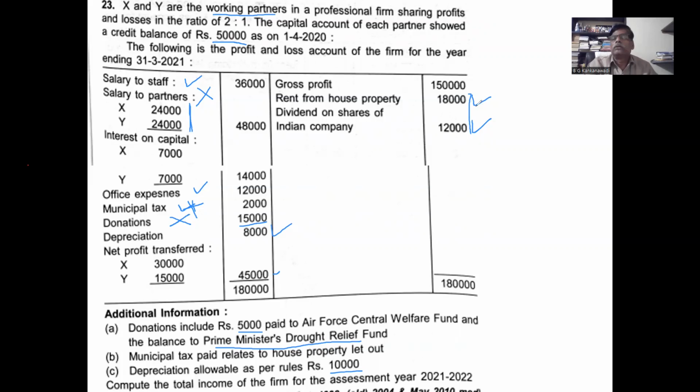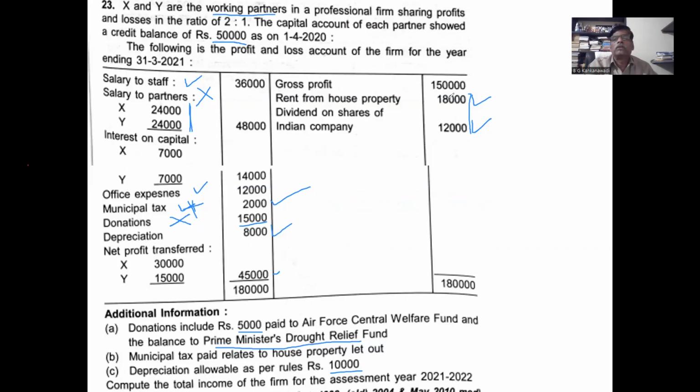Then you calculate income from house property. Rent is 18,000, which is called the gross annual value. In the gross annual value, you deduct municipal tax paid, which is 2,000. If you deduct 2,000, 16,000 is the annual value.